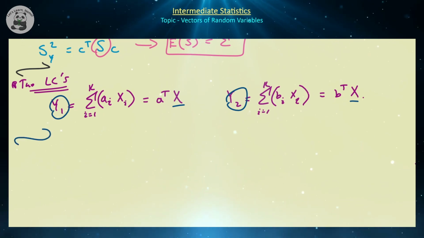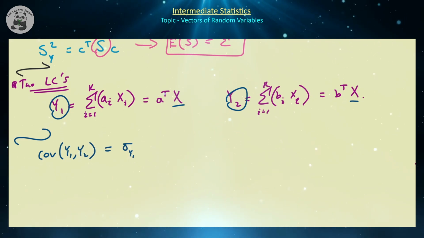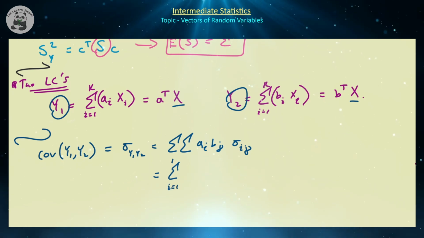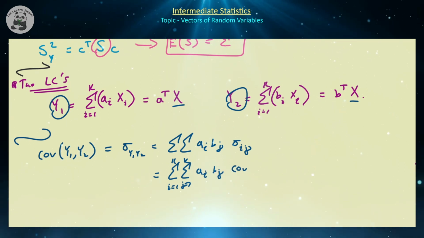So one can show, for example, that the covariance between y1 and y2, which some people will just abbreviate as sigma y1, y2, will just be equal to the double sum of ai bj times sigma ij, or in expanded form, that's just the sum from i equals 1 to k, the sum from j equals 1 to k, of ai bj times the covariance between xi and xj, right?